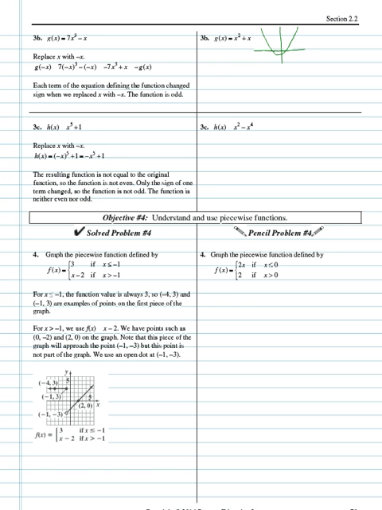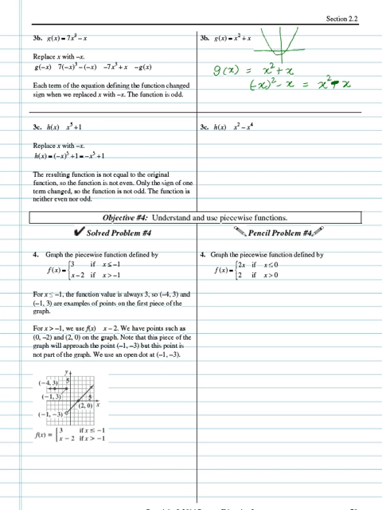Or I simply replace my x with negative x and check. So this is x squared plus x, negative x squared minus x. So what do I get? I get x squared minus x.